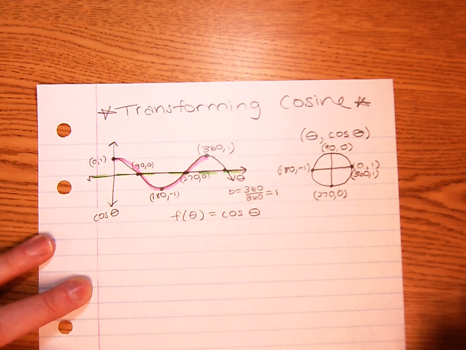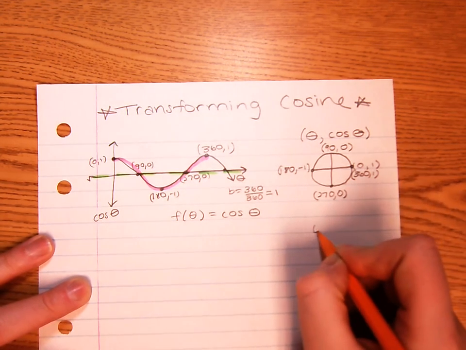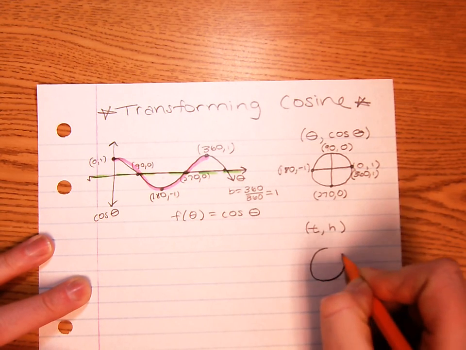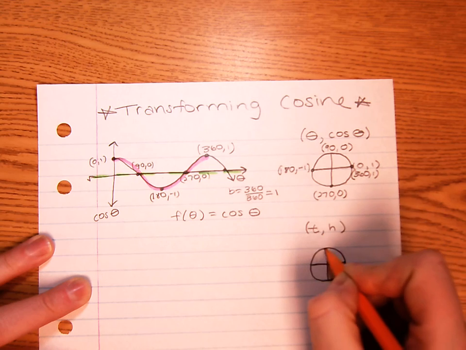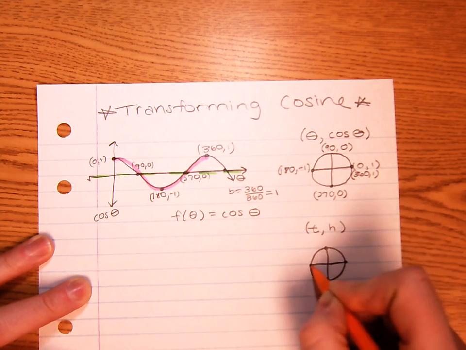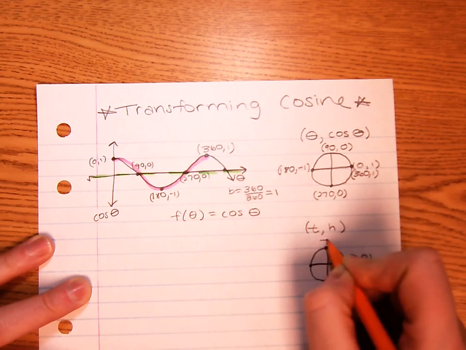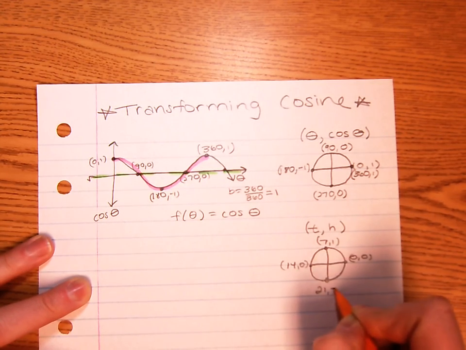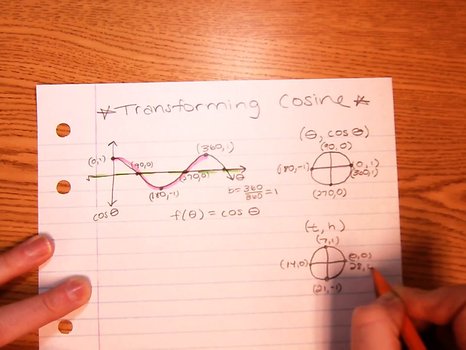So then if we relate this back to Kermit, remember Kermit, our independent variable was time and our dependent variable was height. So we're going to have the same 5 key points that we've been working with in class. So 0, 0, 7, 1, 14, 0, 21, negative 1, and 28, 0.